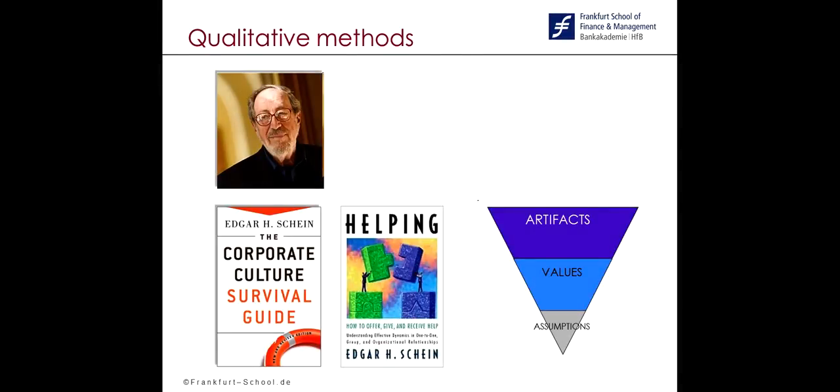All of Ed Schein's books on corporate culture have been best-selling books for many years, and his influence on the academic discussion in this area can hardly be overestimated. Interestingly, for one of his most recent books, Schein chose Helping as a title. Remember, Ed Schein is a professor of organizational development and not a social worker. Why do you think he did this?